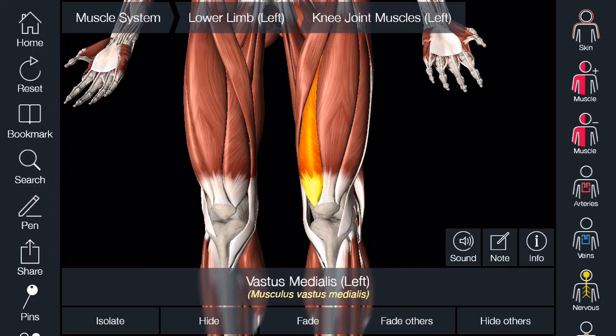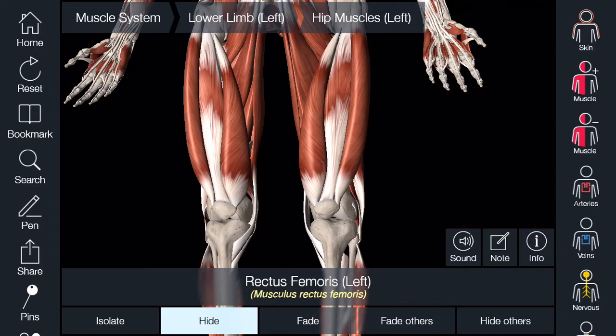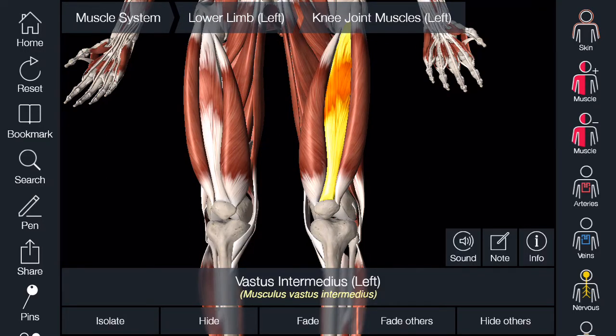And then the vastus intermedius is actually under the rectus femoris. So if I remove the rectus femoris, there's your vastus intermedius. It sits under it. All of those are responsible for extension of the knee.